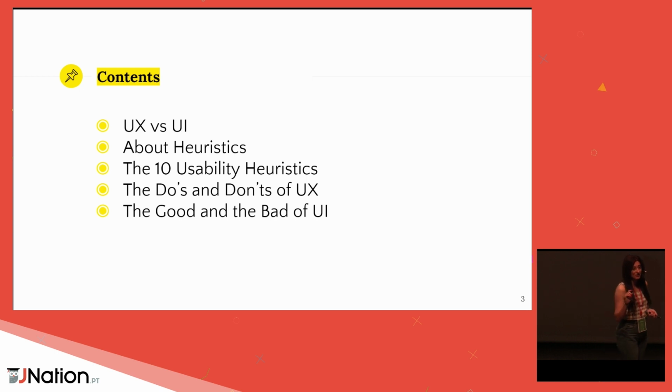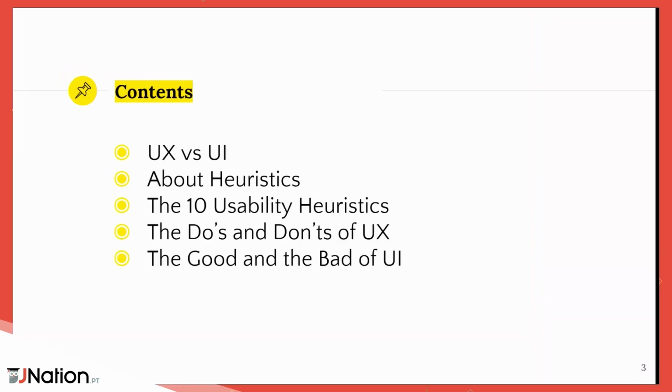So this is what we are going to do differently in this session than what you can get somewhere on the internet. Then we will talk about heuristics, what are they, how you can use them. We will see some practical examples, and then some very quick tips about do's and don'ts of UX, and the good and the bad of UI. Let's get started.